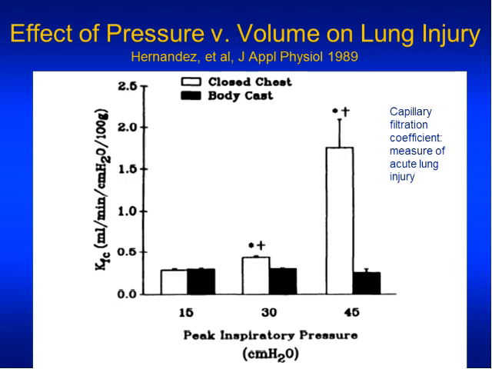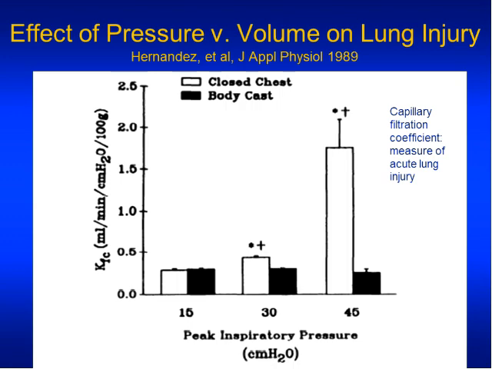Well, at low pressures, nothing much happened. Low pressures don't cause overdistension, so there was not any increase in capillary filtration coefficient. At 30 centimeters of pressure, there was a substantial increase in the coefficient, statistically significant, but only in the group in whom the lungs could freely expand. There was no increase where the tidal volume was restricted.